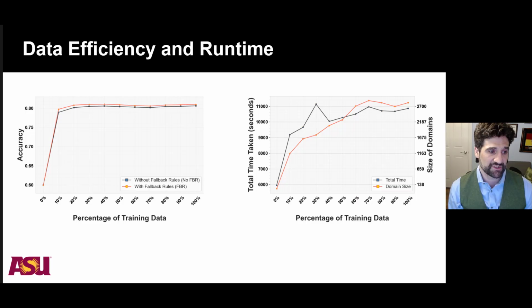And so what happens if you don't have a lot of training data? Well, we see that we get to this high 70, low 80% accuracy with just about 10-20% of the training data that we used for this. We also see that the training time taken is directly related to the size of the domain, and it trends about as you'd expect.